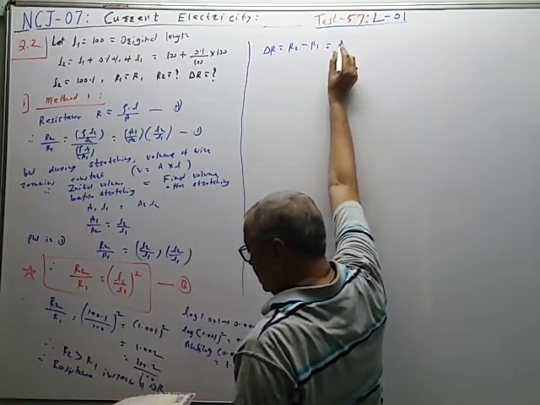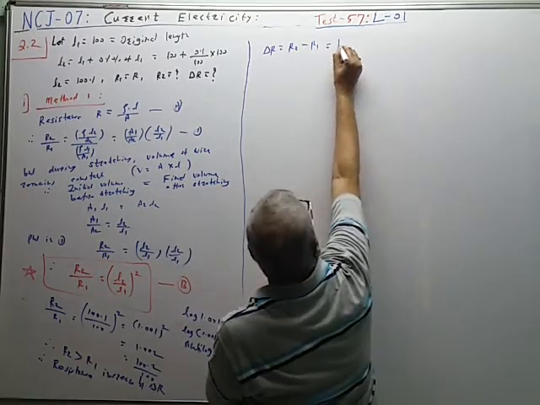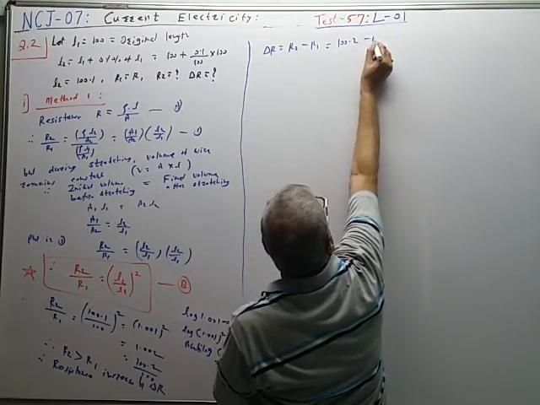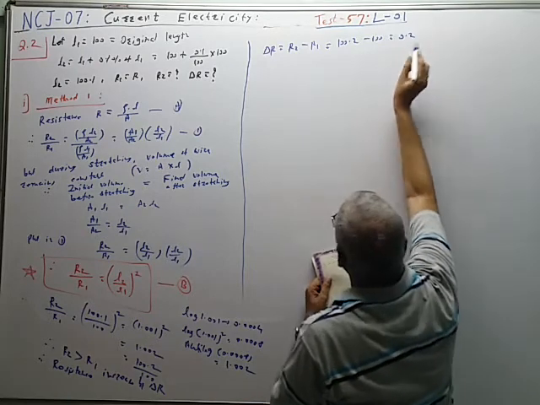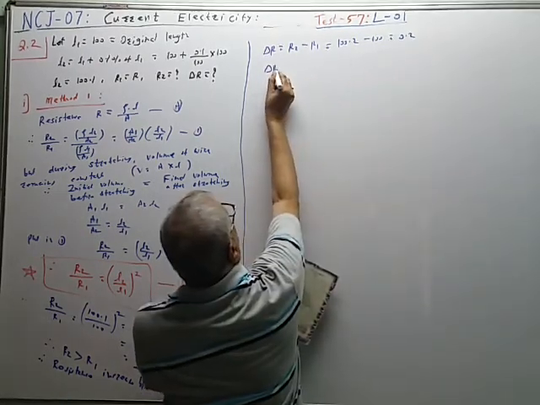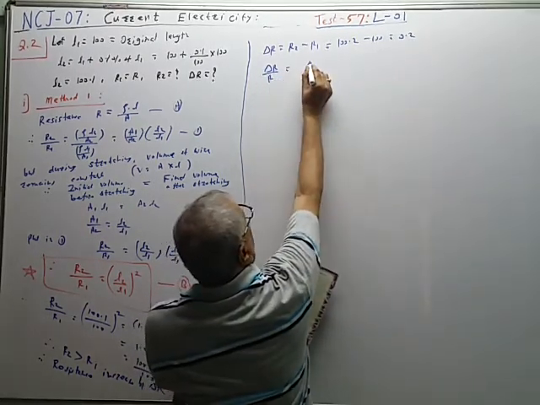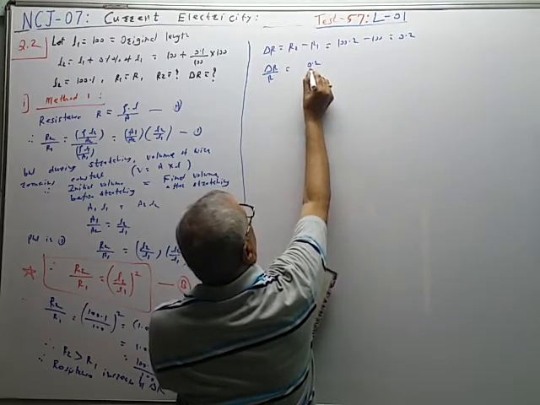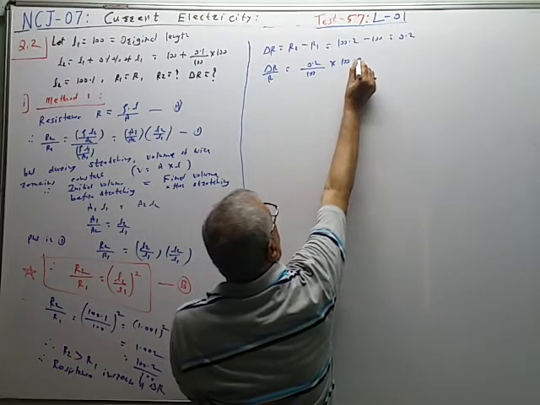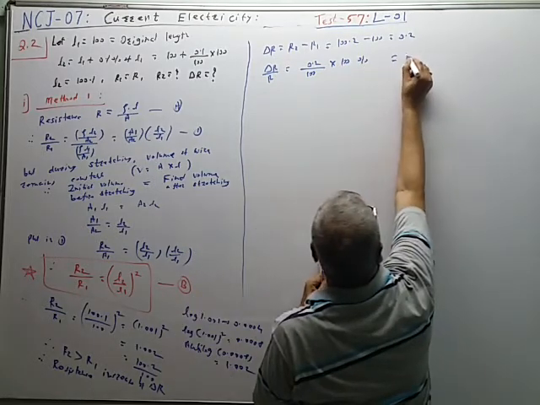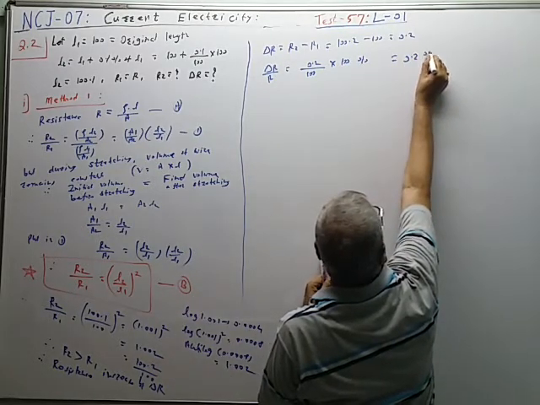So R2 is equal to 100.2 minus 100, so that is equal to 0.2. So delta R upon R is equal to 0.2 upon 100 multiplied by 100%. So that is equal to 0.2%.